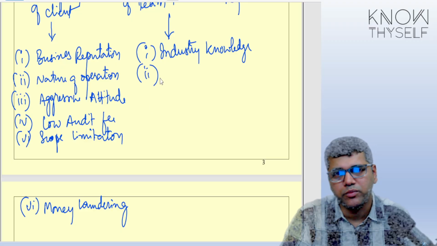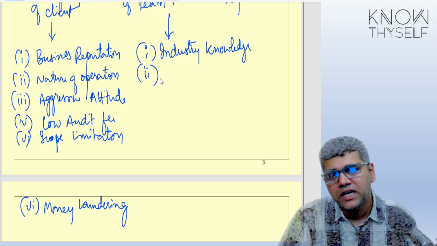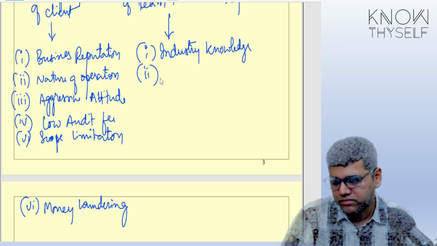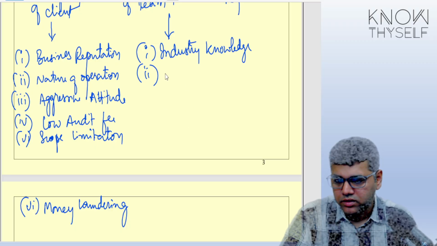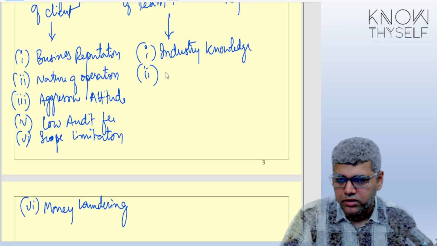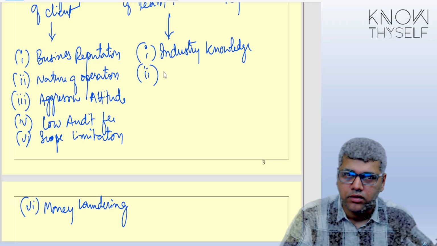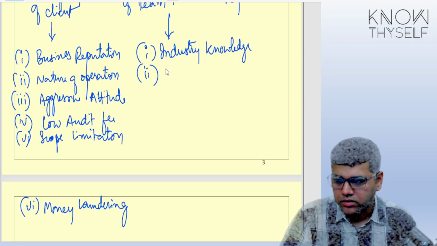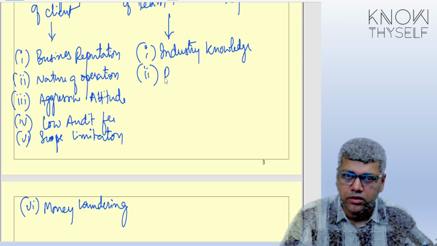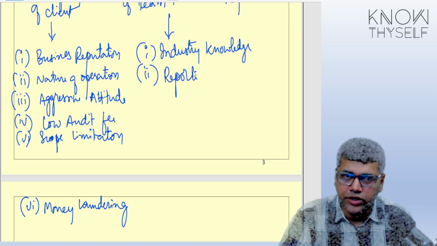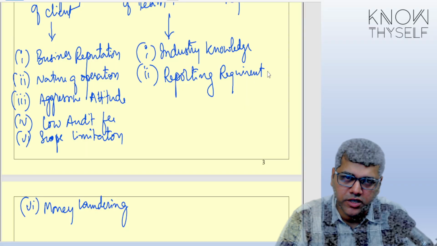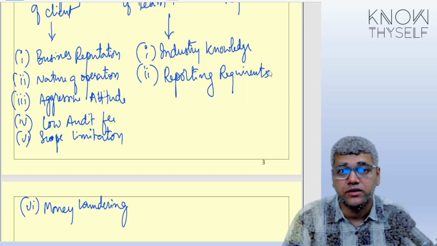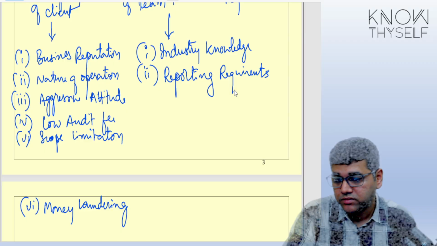What do you mean by industry knowledge? That means persons with knowledge of the industry and subject matter. Two, reporting requirements. That means somebody should be aware of the reporting requirements related to the regulatory requirements.